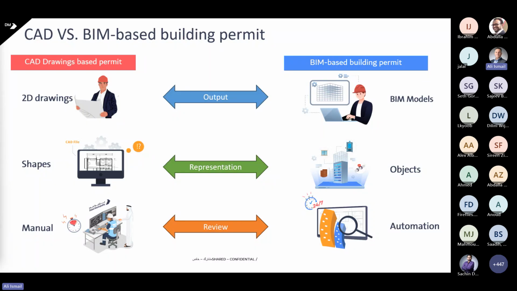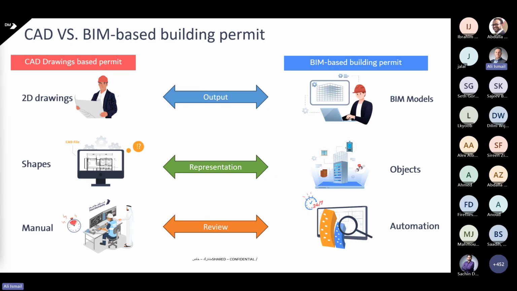So in this case, we are raising the quality of the design in the first place, and we are also gaining all the benefits of BIM, because BIM is not only useful for the building permit. I believe the majority of you are aware of BIM and why BIM is important and which BIM use cases can be applied in a construction project.